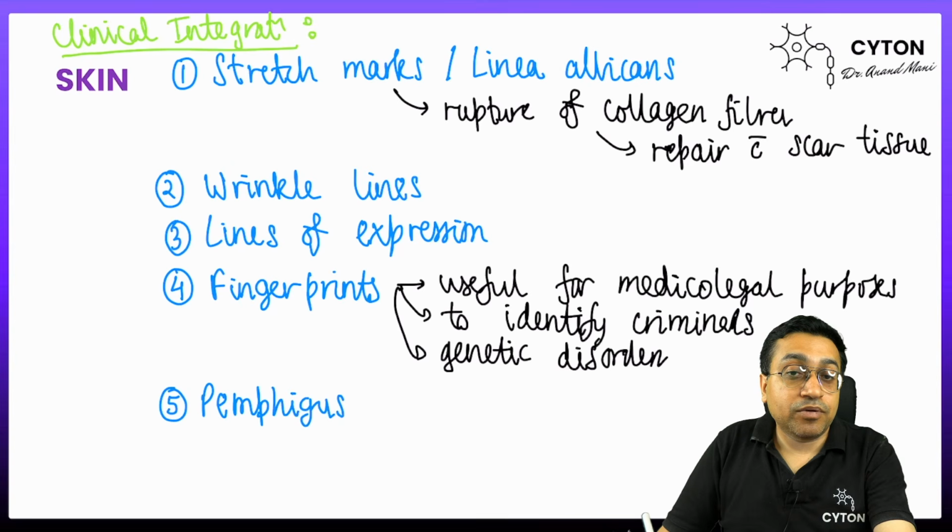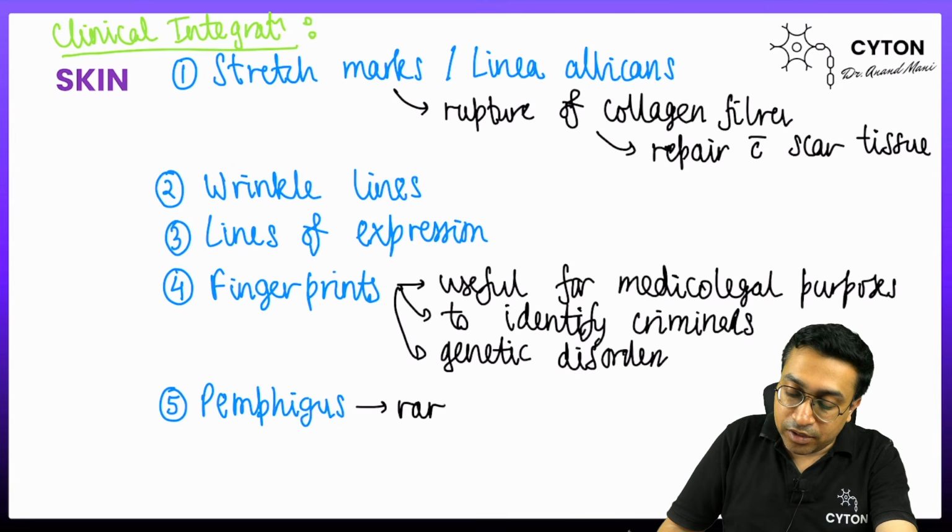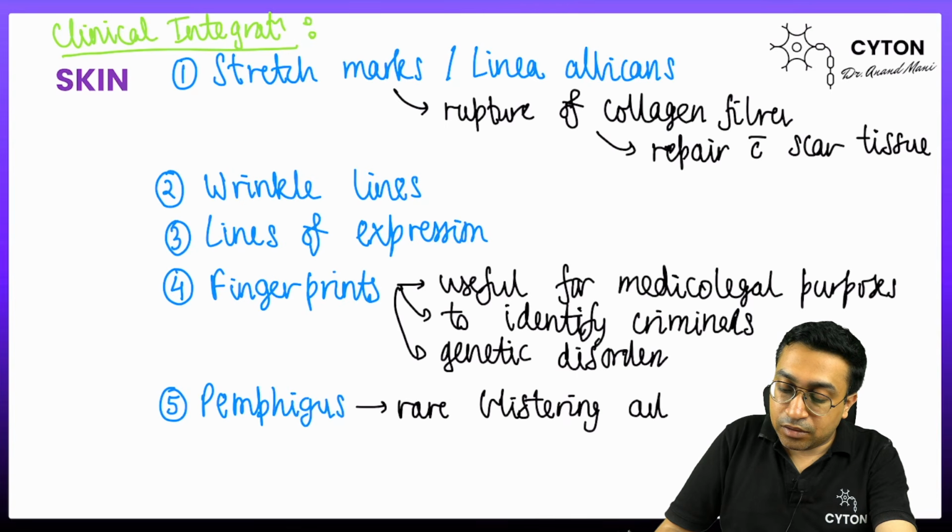Pemphigus is a rare blistering autoimmune disease which affects the skin and mucous membranes.